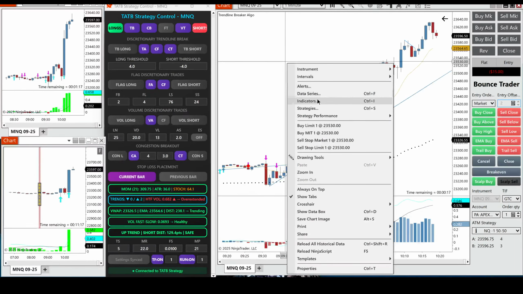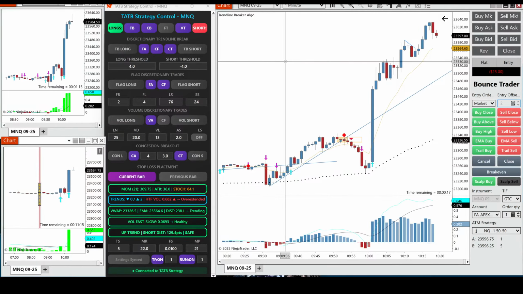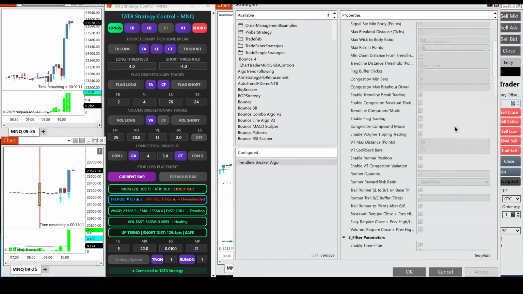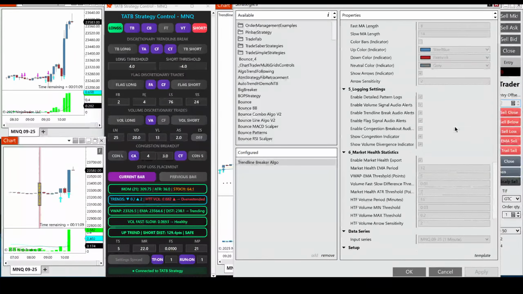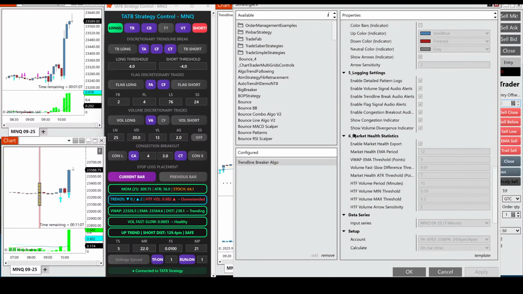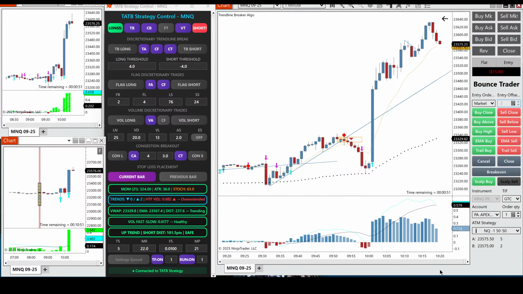Yeah, the strategy is you get these calculations in strategy, and they are here as market health statistics. See, I put higher time frame volume max threshold 0.2, and that means it's overextended. You could change it here, but this is just to let you know.